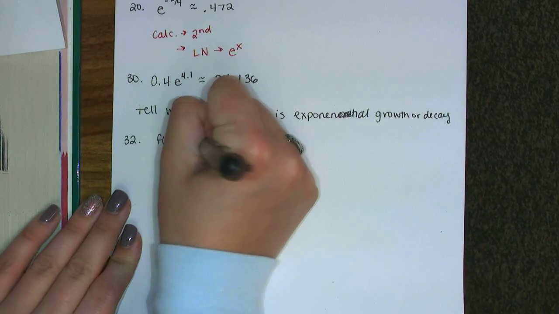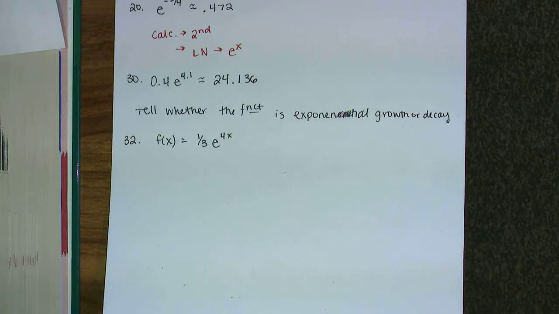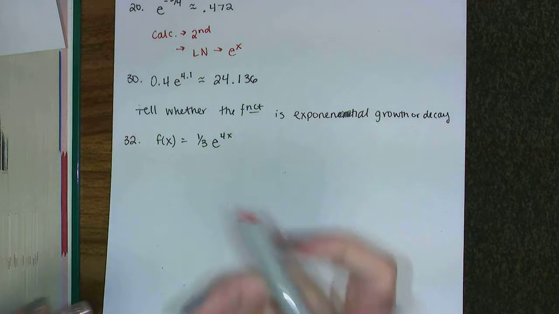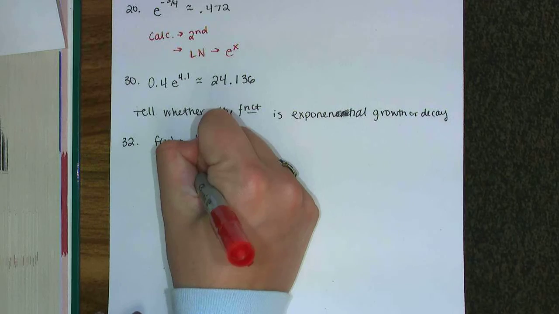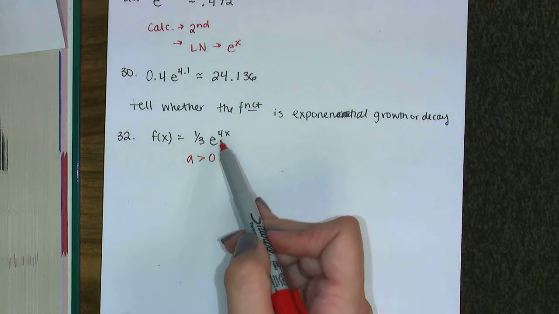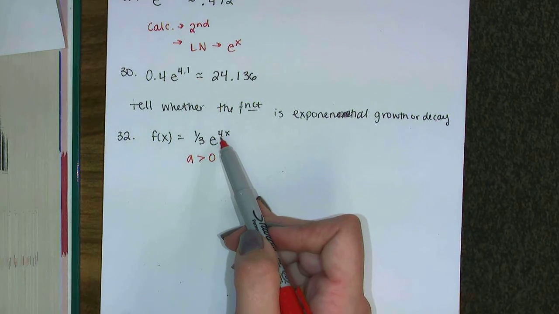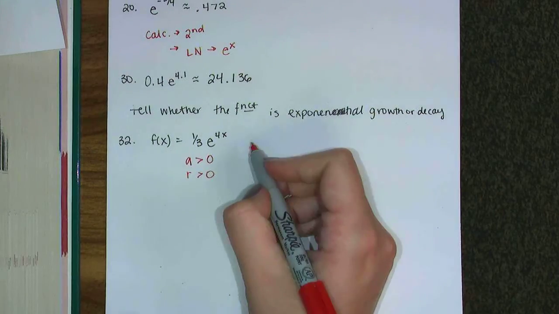The way I would like you to look at this, this is A, so we're going to say A is greater than 0. And then, just so that you have to think about it, this is R. So R is also greater than 0, meaning that it's growth. You don't have to write exponential, you can just write growth, and I'm fine with that.